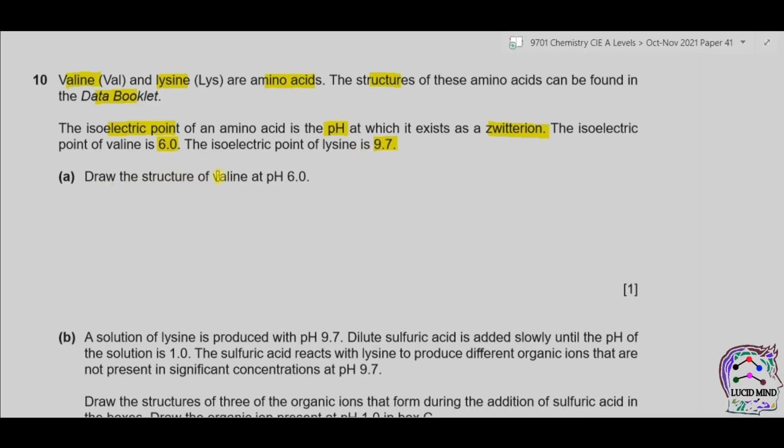Draw the structure of valine at pH 6.0. Now a zwitterion is an ion that contains regions of positive charge and negative charge. From the data booklet we can draw the structure of valine. It will be like this.